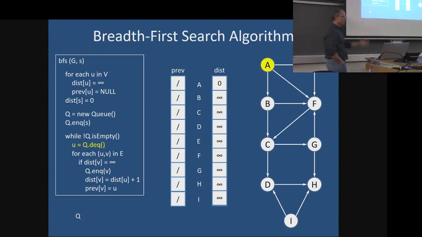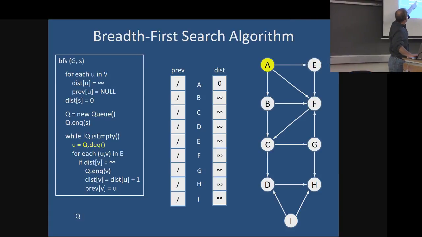As soon as we see it, we adjust this stuff. So let's see what we do. We'll throw B on the queue, and its distance becomes one more than the distance to U. So the distance to B will be one more than the distance to A. Okay, that makes sense. We've just followed an edge from some vertex U to another vertex V. We know the distance to U, and the distance to V will be one more.